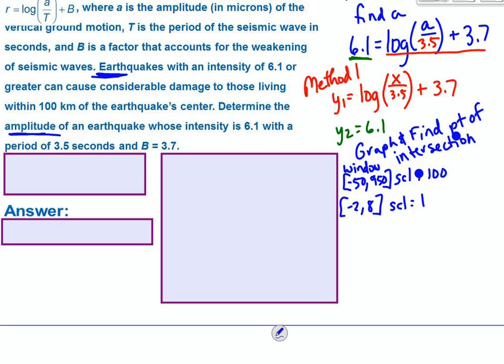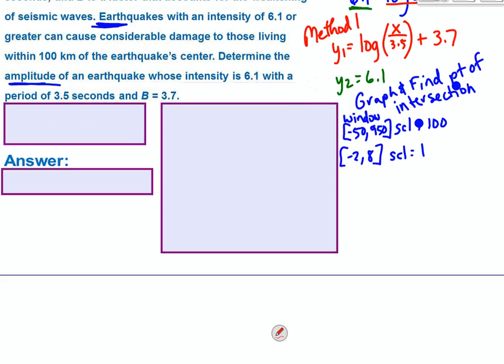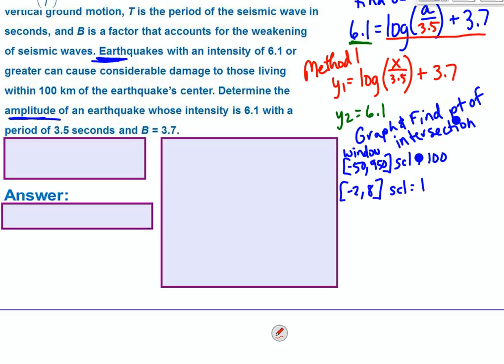And that's method one. I will show these answers when I'm done, but method two would just be to solve that algebraically. This is something you can do at this point. Sometimes it might not be, so that's why you want to have that graphical method in your mind.